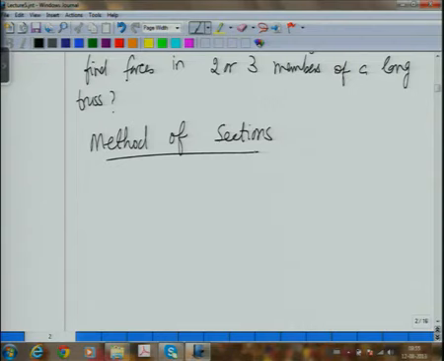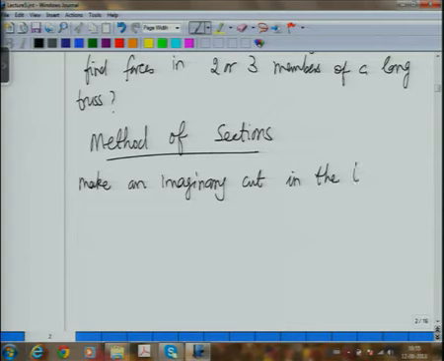And in the method of sections, what we will do is we make an imaginary cut in the truss.